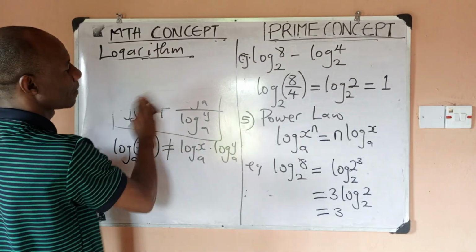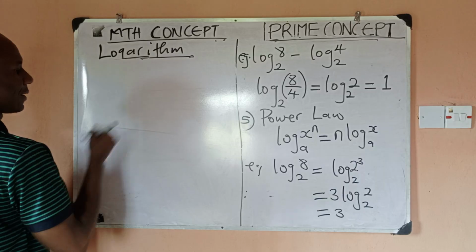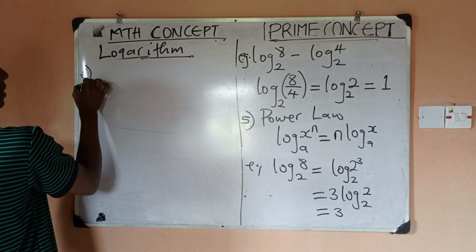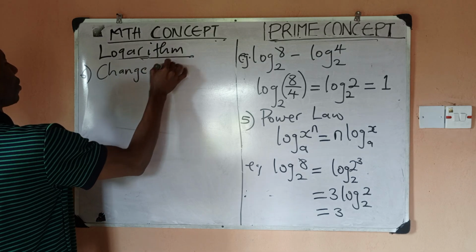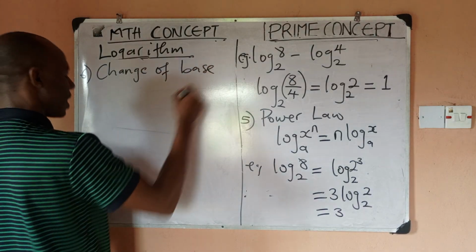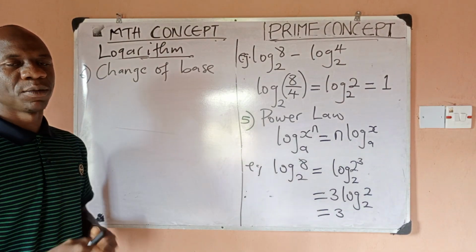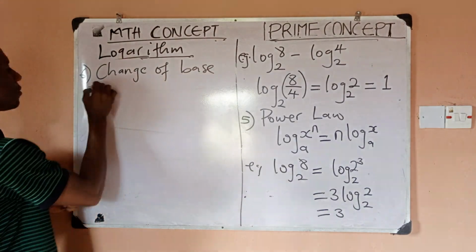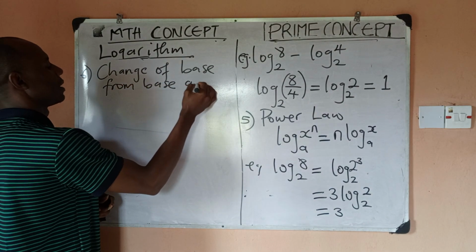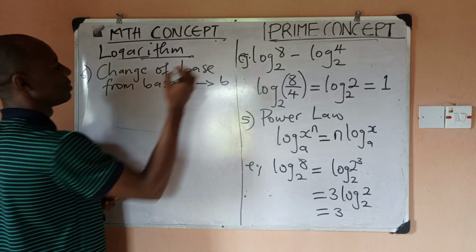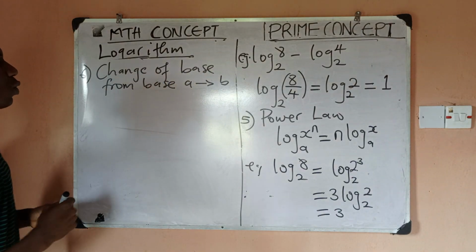So very quickly, we want to consider rule number 6, which is what I call change of base. Say we have some base, like we are dealing with base A, but we want to get a new base, from base A to base B, because of what we want to achieve.